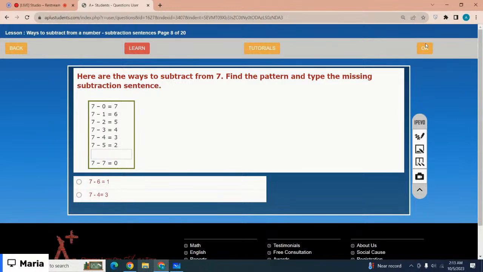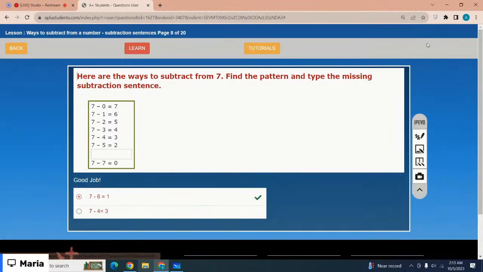Which option is the correct one? Very good, it is 7 minus 6 equals 1, right? The correct option is 7 take away 6 equals 1, because you can see here you already have 7 take away 4 equals 3, right? So that means the missing one is 7 take away 6 equals 1, right?